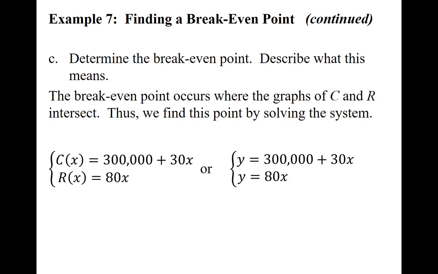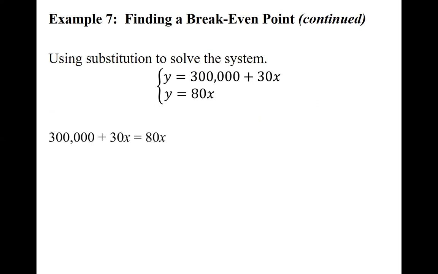C of x and R of x are both just y. Remember, y equals f of x. And if they're both equal to y, that means they're both equal to each other. So set them equal to each other.